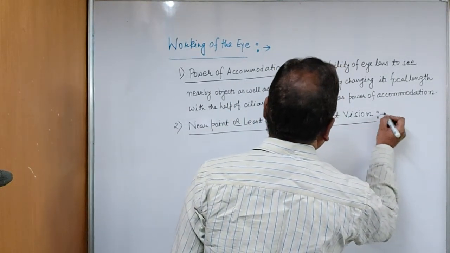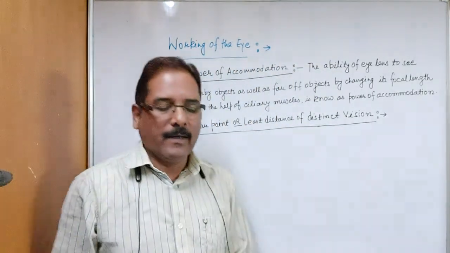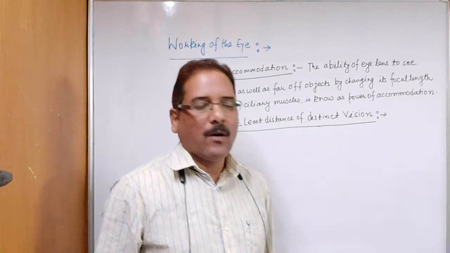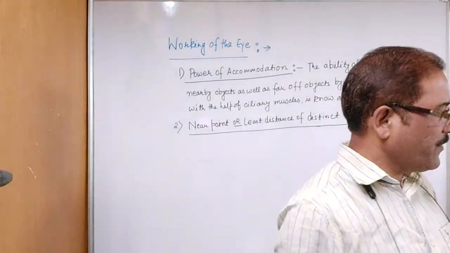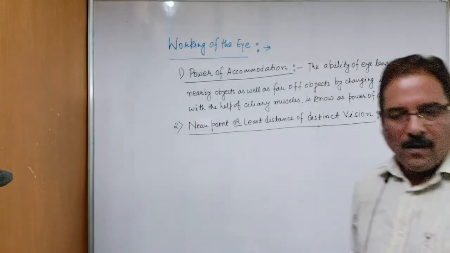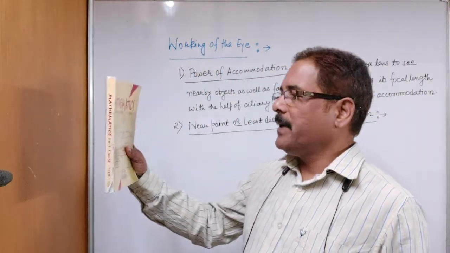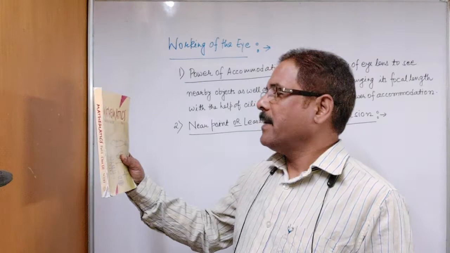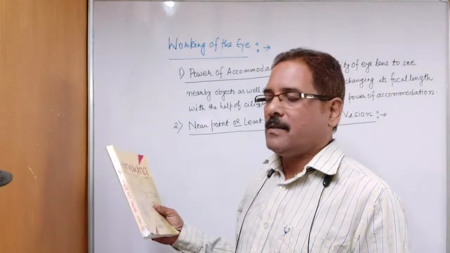So I think some of you perhaps know about it, that the near point for a normal healthy eye is 25 centimeter. It means if the object is 25 centimeter away from the eye, then we can see it clearly without putting any strain in our eyes.